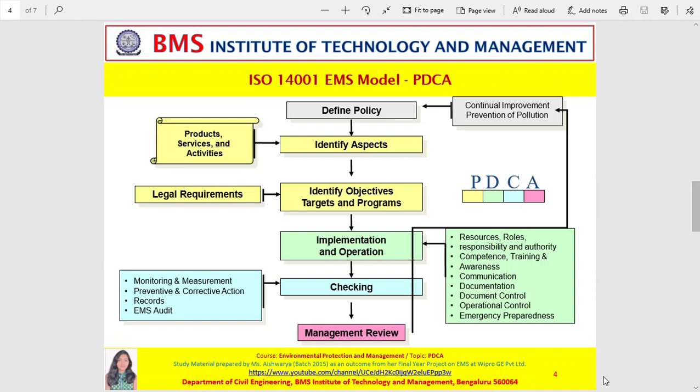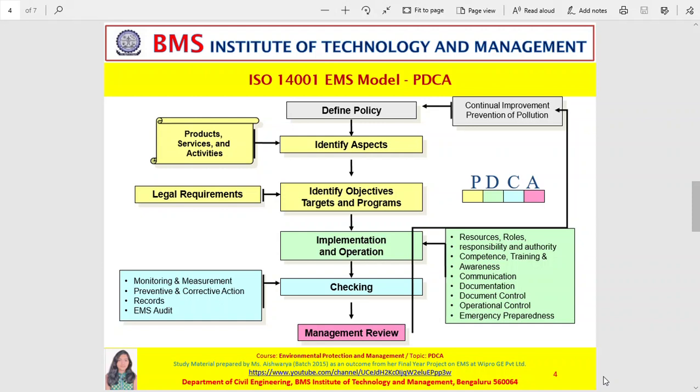While assessing the performance of the industry upon implementation of an EMS, it is essential to identify the existing non-conformities in the organization across all the activities, processes, and procedures that happen in the organization or industry. It is then essential to take corrective or preventive measures in order to reduce the occurrence of these non-conformities.